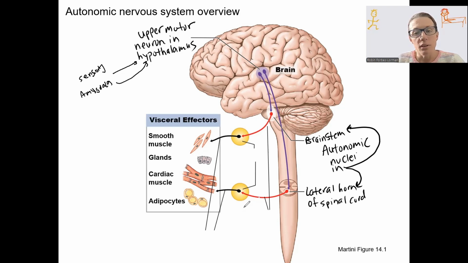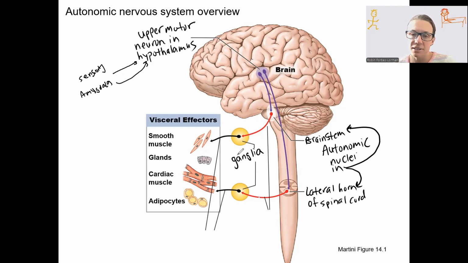Okay, so the lower motor neuron, I think I said, is not just one neuron. You can see there's two neurons going out from this spinal cord or brainstem here. And that is because there is a synapse where the cell bodies of the second neuron are located, called the ganglia, right?